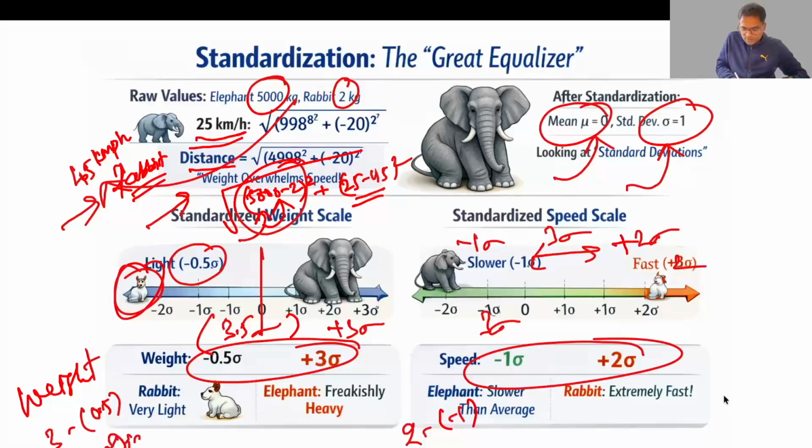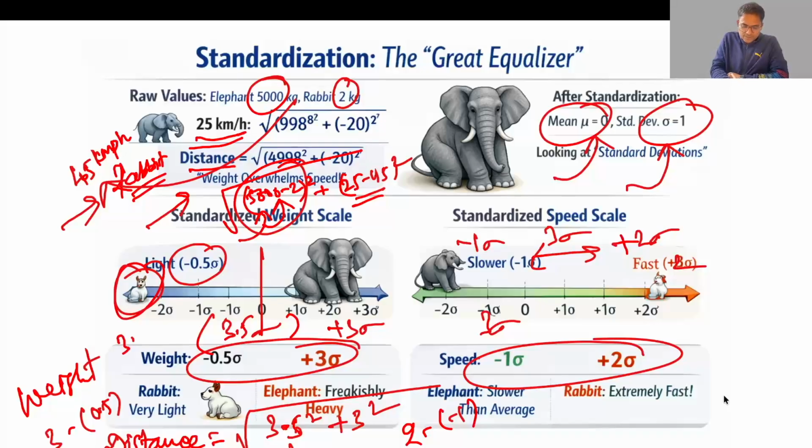So now if we calculate the distance after standardizing the data, it will be the square root of (3 minus minus 0.5, that is 3.5, squared) plus 3 squared. The speed difference, 2 minus minus 1, is 3, and the weight difference, 3 minus minus 0.5, is 3.5. So now this is not dominated by weight itself.